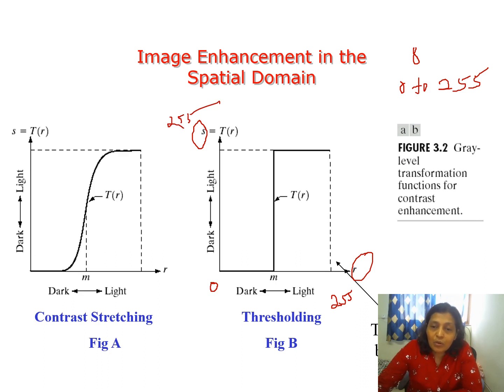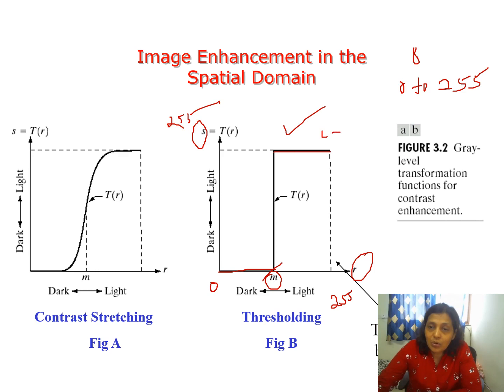Okay. So what will happen if the transformation function is like this? Till m, whatever input values there are, the output is how much? Output is 0, right? After m, that is, if r is greater than or equal to m, the output is L minus 1.